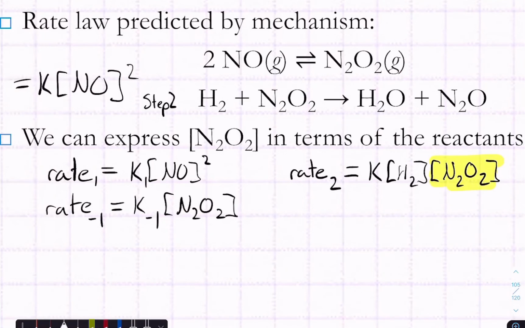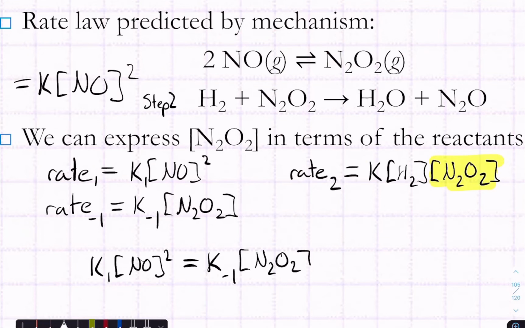So we say, well, the rate of this forward reaction and the rate of this reverse reaction are going to be at equilibrium, because that stuff's fast. So it'll produce enough N2O2 that it's going to be converting back into NO. And so we can set those equal to each other. So k1 times NO squared equals k negative 1 times N2O2.